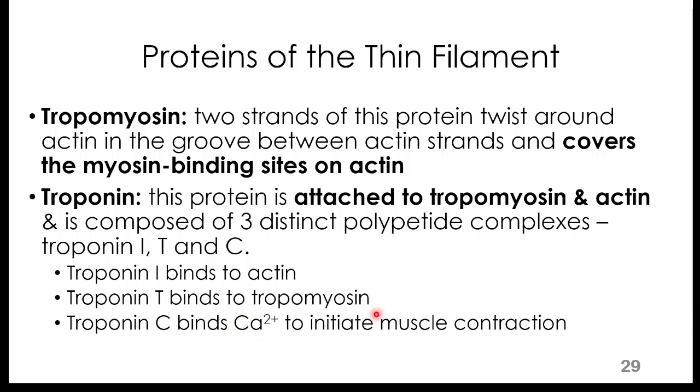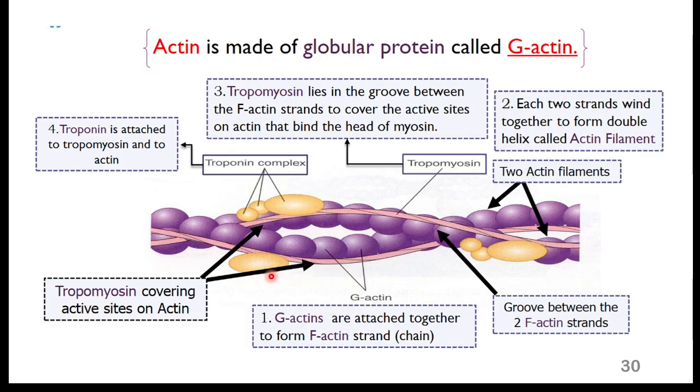So C for calcium, T for tropomyosin, and troponin I binds to actin. Okay. So this shows what we're talking about again. You can see the troponin complex, right? It's a complex of three different polypeptides: troponin I, troponin T, and troponin C. Okay.